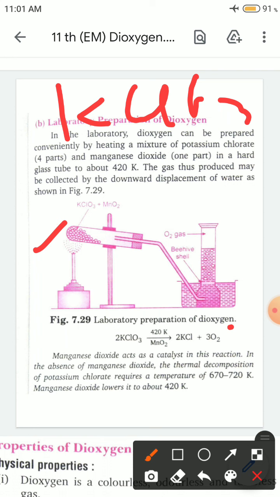The gas thus produced may be collected by the downward displacement of water, as shown in the figure.